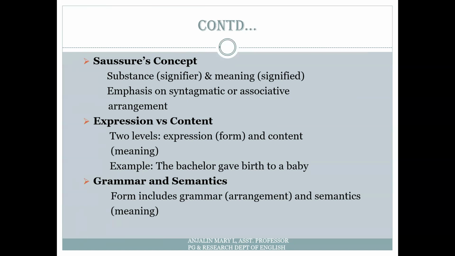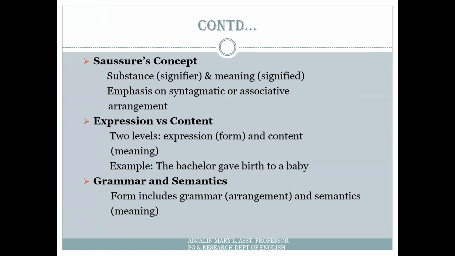By arranging elements with regard to this level alone, we can get sentences like "the bachelor gave birth to a baby," which does not make any sense at all, because bachelor means an unmarried man, so it is not possible for an unmarried man to have a baby. So we have to consider the level of content as well, that is, the level of meaning or semantics.